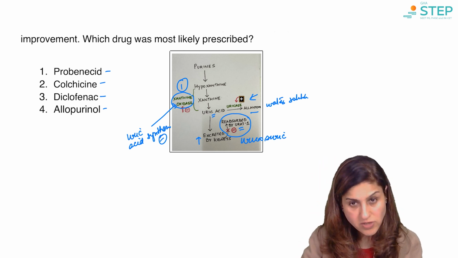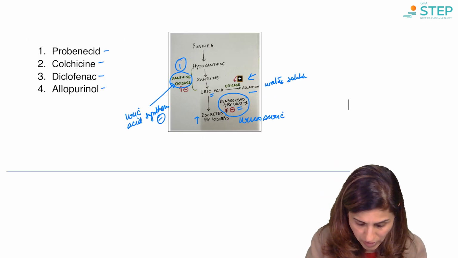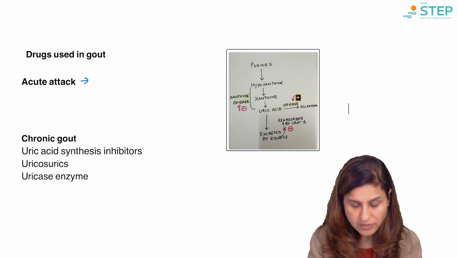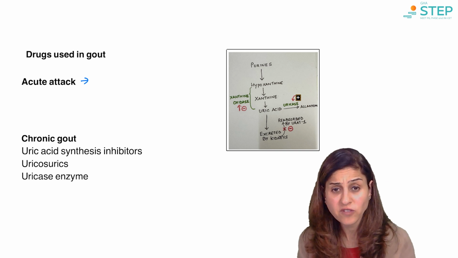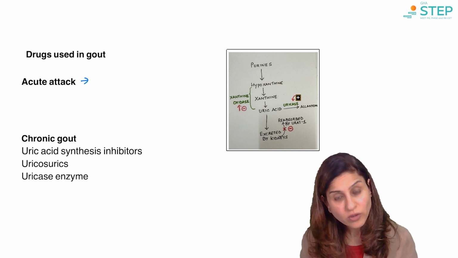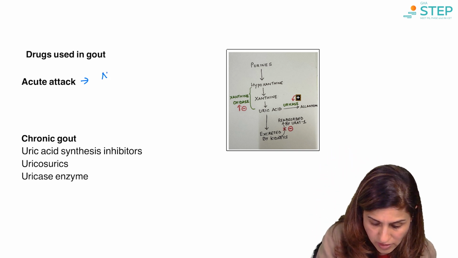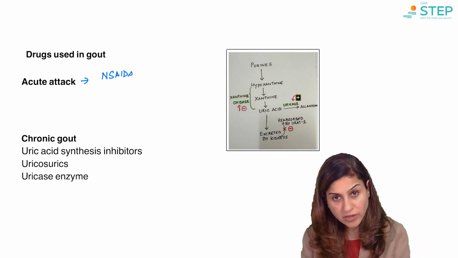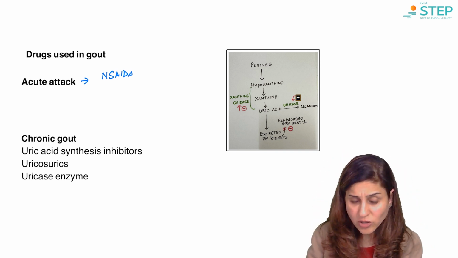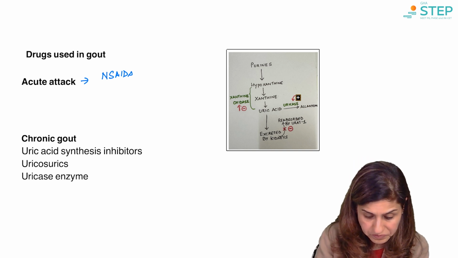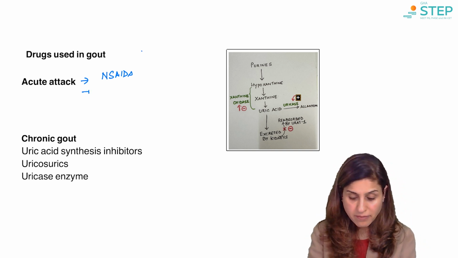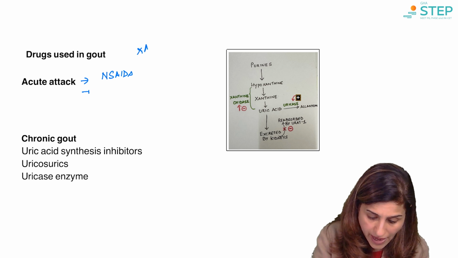Now let's see what these drugs are and then we'll come back to this question. The drugs used in an acute attack of gout, where there is plain inflammation: what will you give? The drugs of choice are first NSAIDs, anti-inflammatory drugs like indomethacin. Now in gout, please remember, we do not give aspirin.